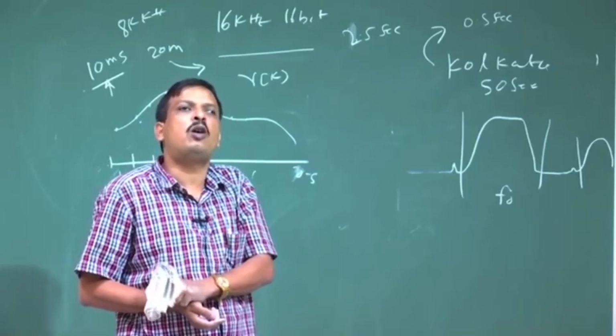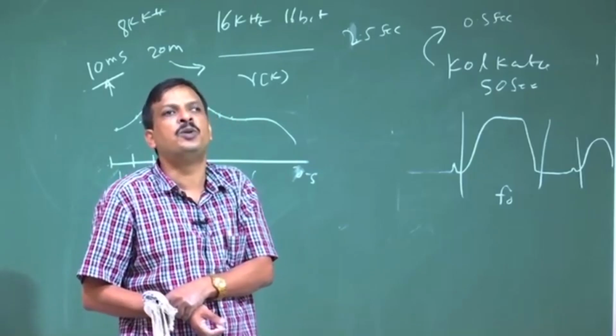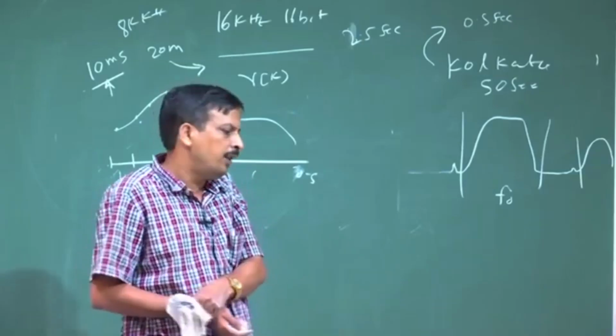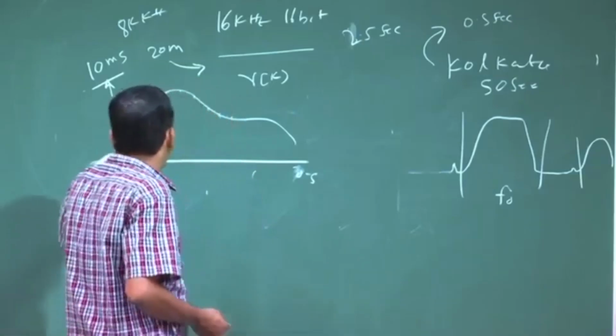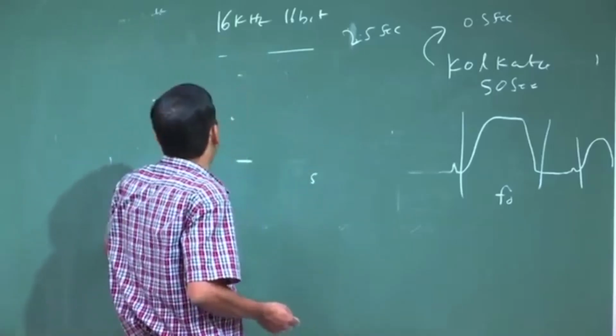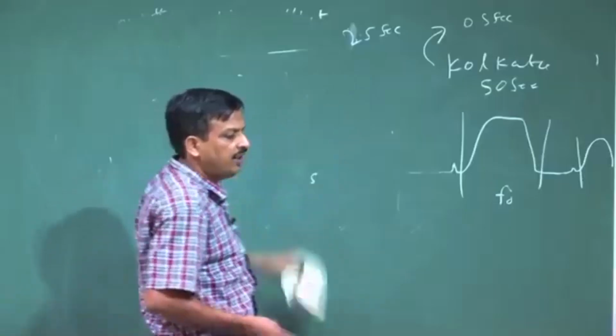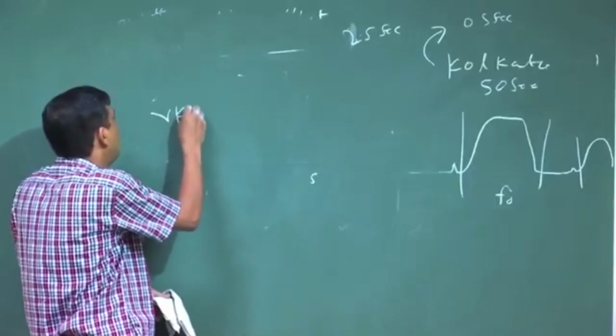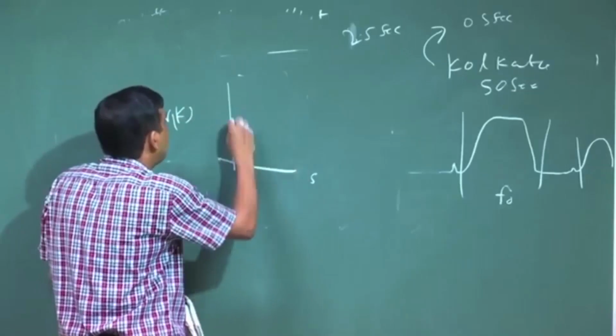Okay. So, this is autocorrelation based F0 extraction, very easy, but it is time consuming. Now, if you see this signal in autocorrelation F0 extraction, the signal is decaying. The Rk value plot is decaying.